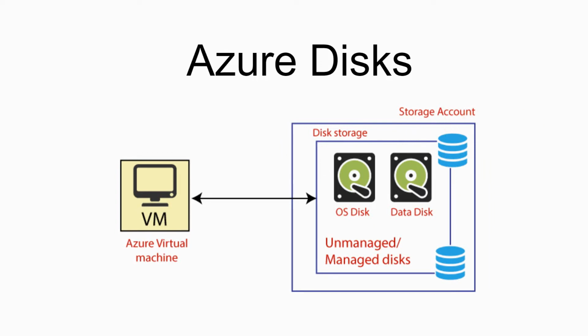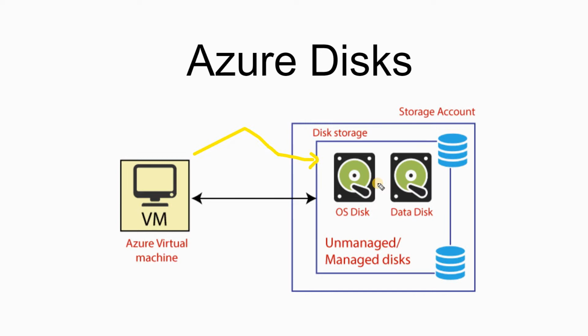When we talk about the OS disk, primarily the OS of a virtual machine will be stored in the OS disk, and this disk can even be utilized for storing the application or any specific workload data. But we don't use it to store application data.